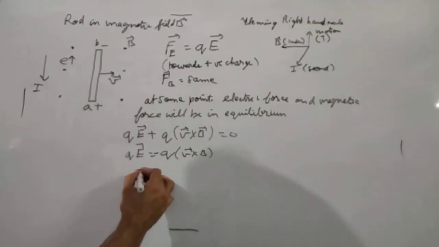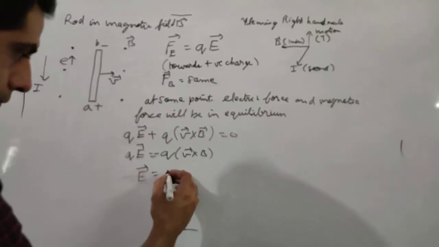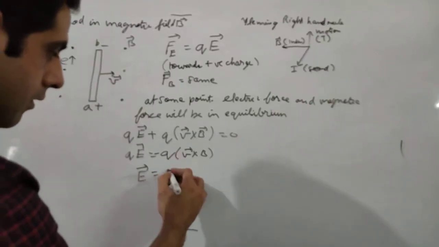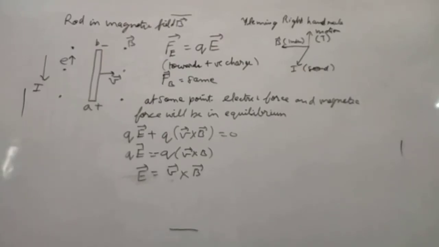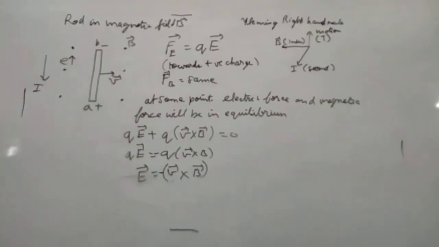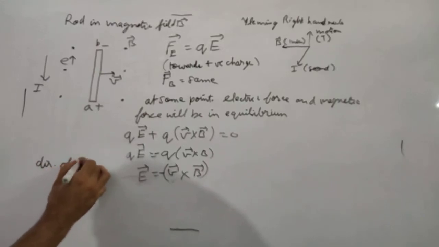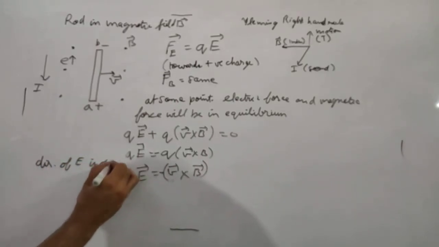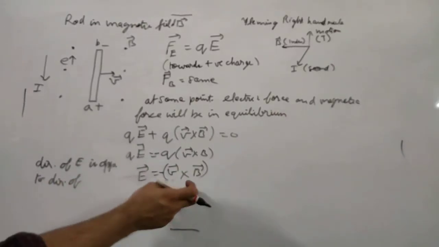We will say E will be equal to V cross B, with a minus sign, that is, E equals minus V cross B. And because there is a minus sign here, that means the direction of E is opposite to the direction of what? Of V cross B.